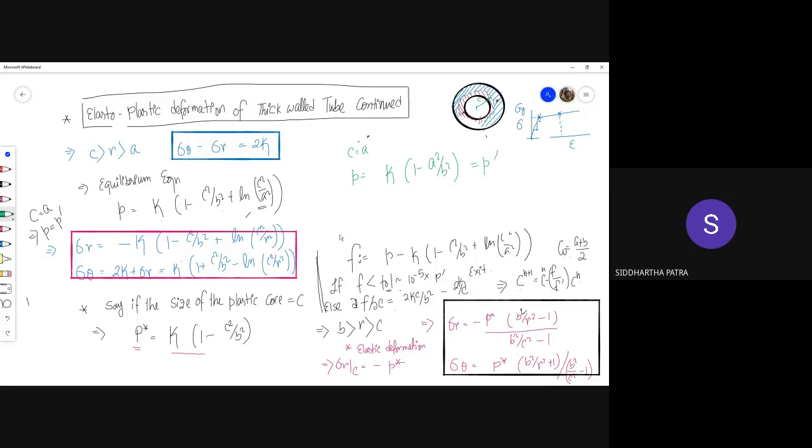Now, can you tell me what is the maximum load bearing capacity of the thick cylinder or the thick walled tube? By maximum load bearing capacity in this reference, I mean, what is the maximum pressure that you can apply?